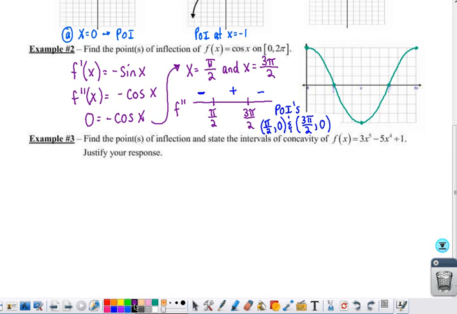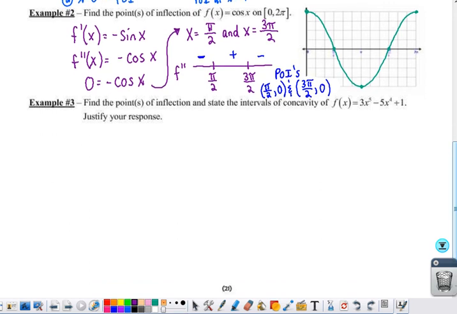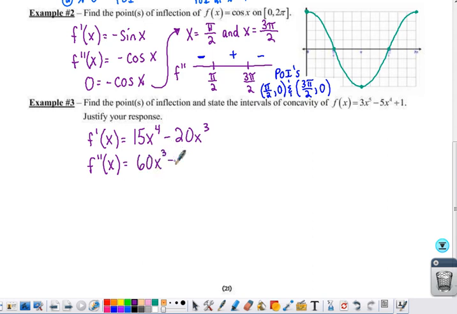So let's go ahead, find that second derivative. So feel free to do that on your own. And once you find that second derivative, you can set that equal to 0.